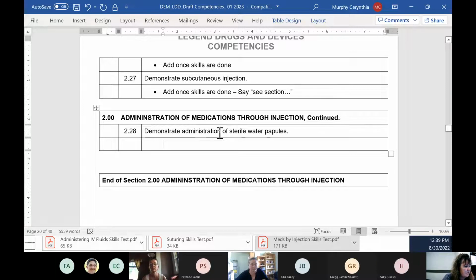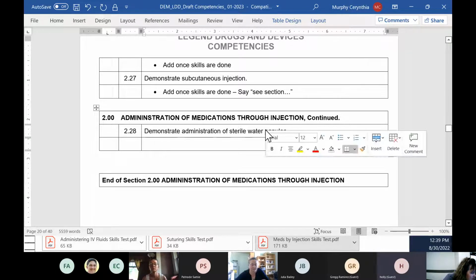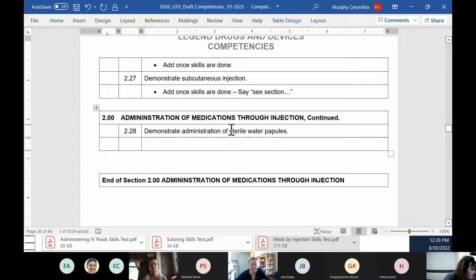Take administration out? No, yeah, demonstrate, just like the others say above it. Okay, but it's intradermal? So get rid of administration of, and sterile water. Well, my document isn't working here, so we'll retype. Intradermal, yeah, injection.